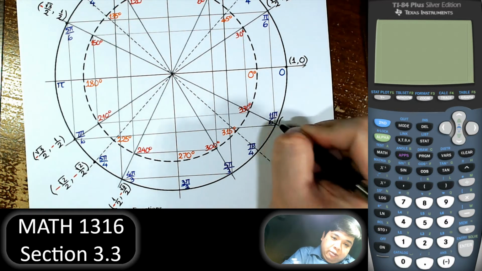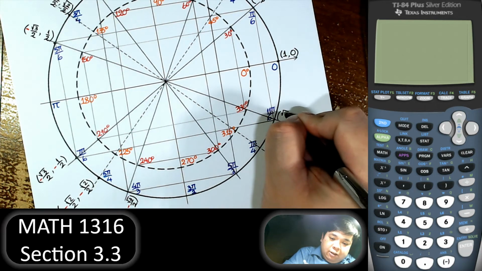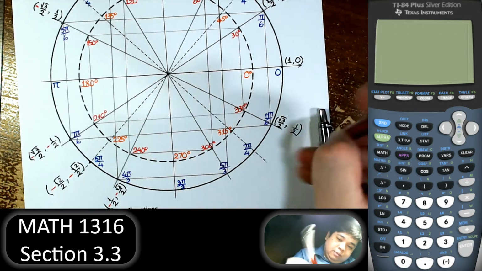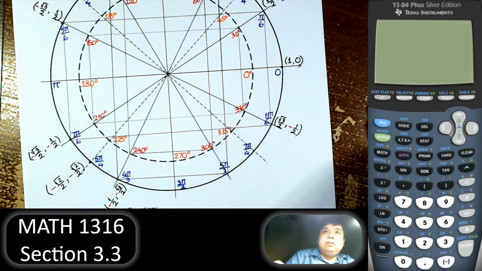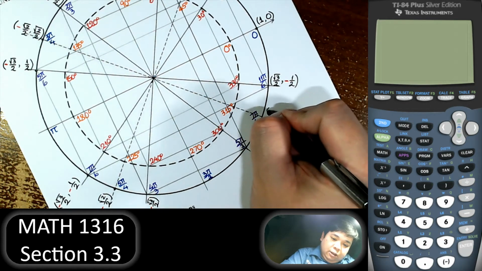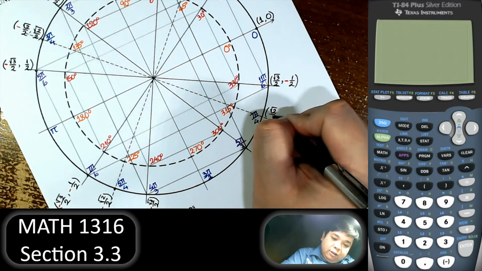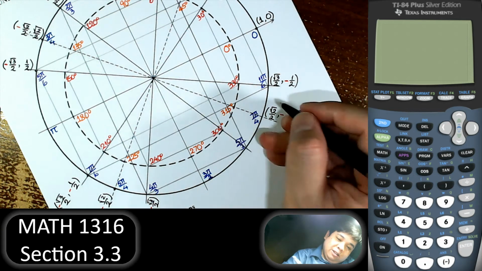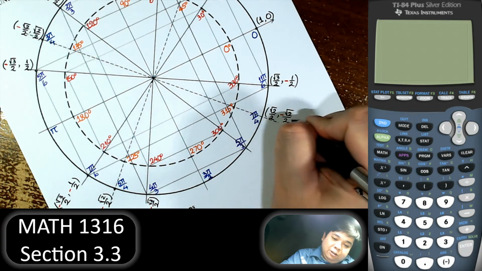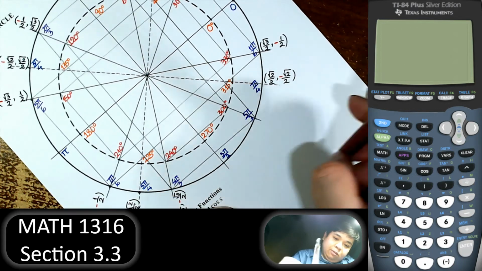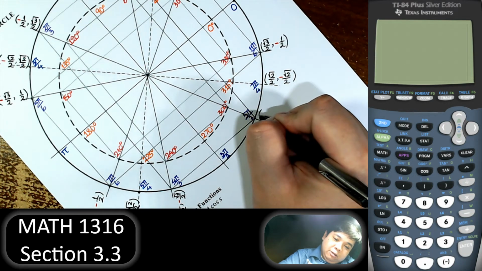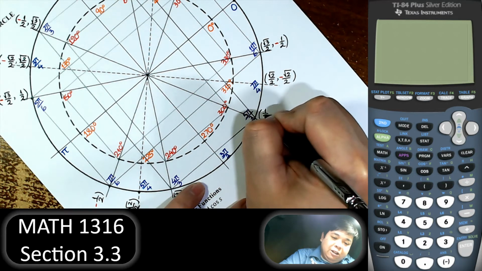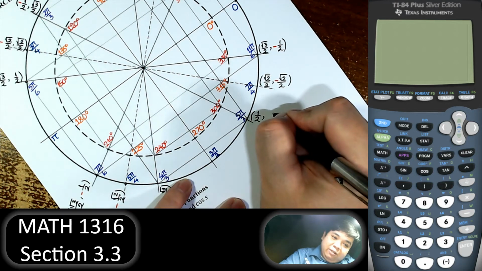So we have x value is positive, but y value is negative.